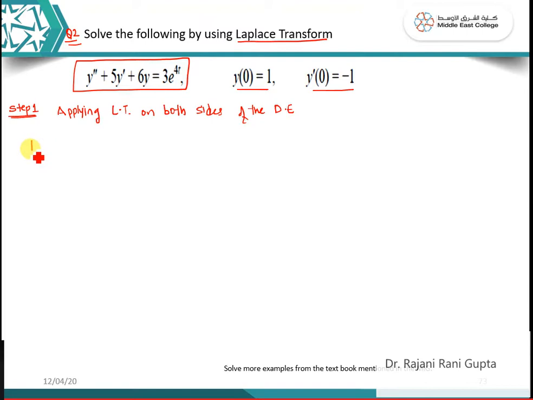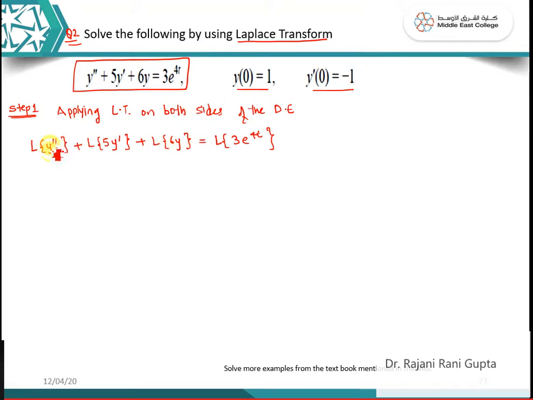So what does it give you? Laplace of y double dash plus Laplace of 5y dash plus Laplace of 6y equals Laplace of 3 e power 4t. We are using the linearity property of this.